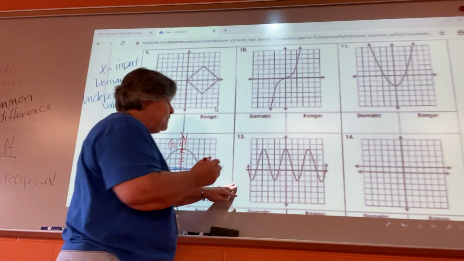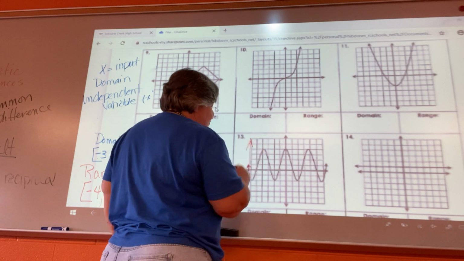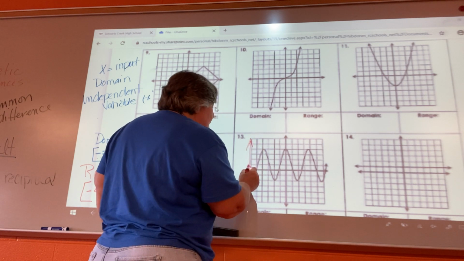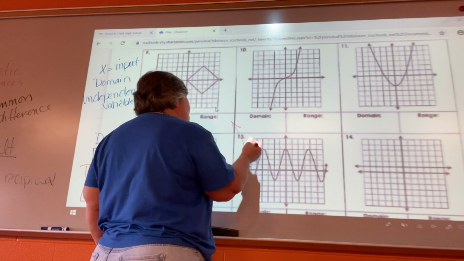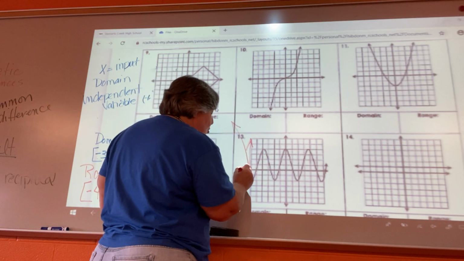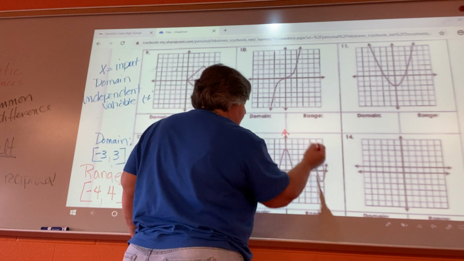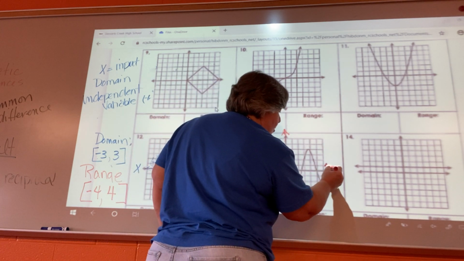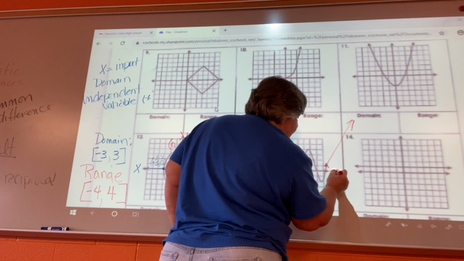This one, again, see the arrows? That means this is going to go up this way. And in saying the same thing, as it goes up this way, it's going to go out that way. So it goes out on the X, up on the Y, and again, arrow means it's going up and out over here.